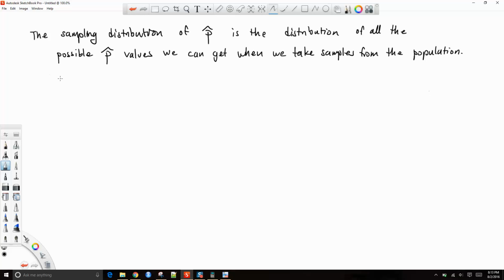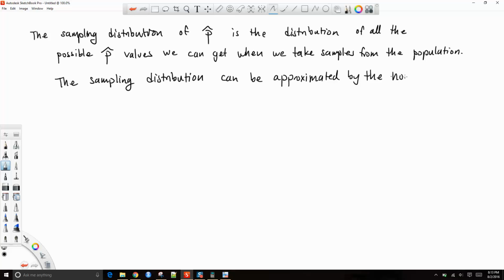This sampling distribution can be approximated with the normal distribution, and it's based on the central limit theorem.